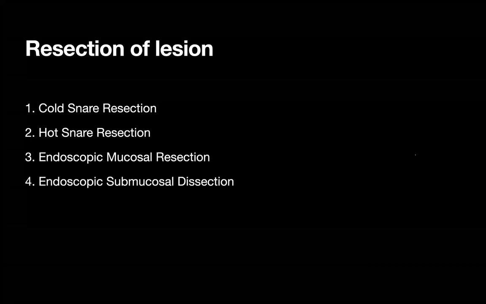All right. And so I would actually go with EMR. I think cold snare would be very difficult to cut this polyp, but if you want to cut it with a cold snare, there are people who describe this technique. Cyrus from Michigan, Henry Ford, actually described cold snare resection.